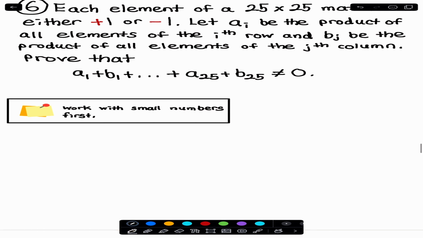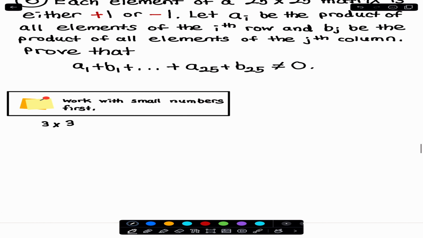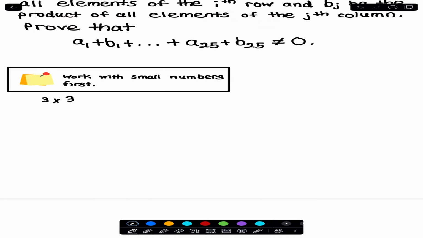Instead of a 25 by 25 matrix, let's look at something smaller, like a 3 by 3. The reason we go for small numbers first is because they're easier to work with, and a lot of times when you study the small cases in depth, you can get some insight on how to solve the bigger problem.